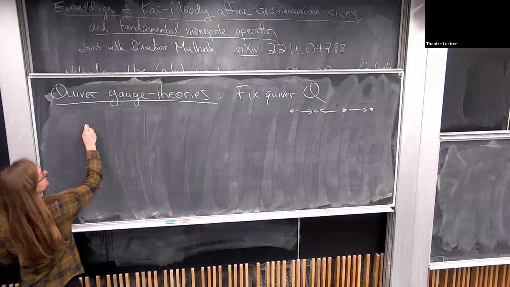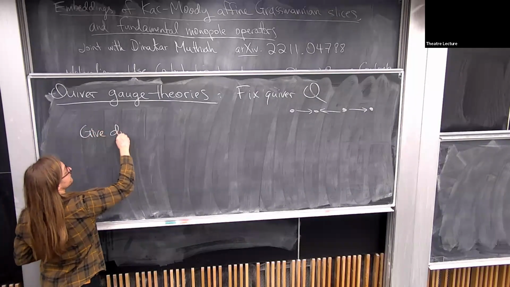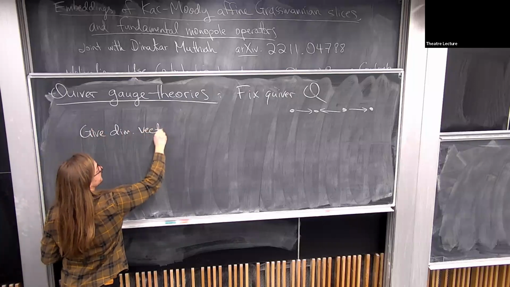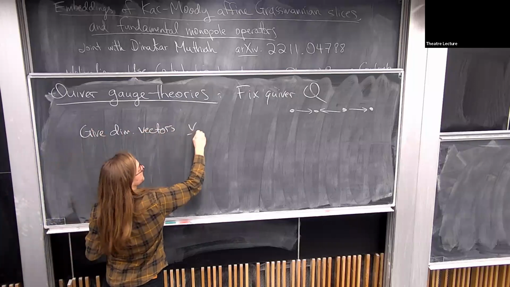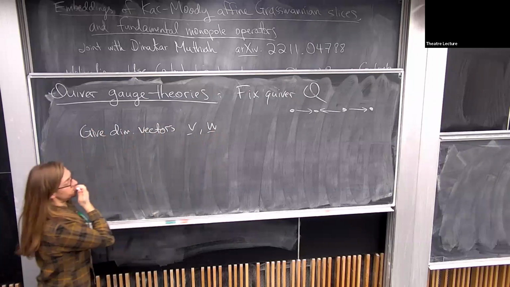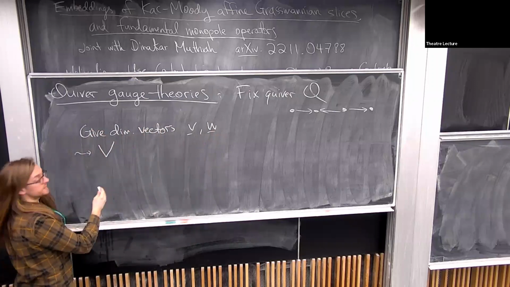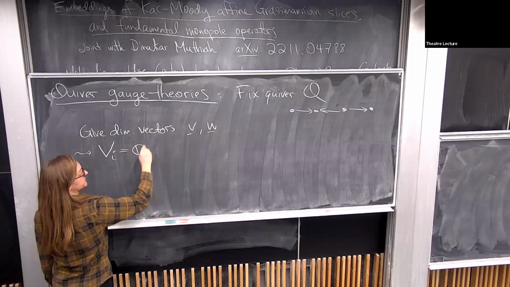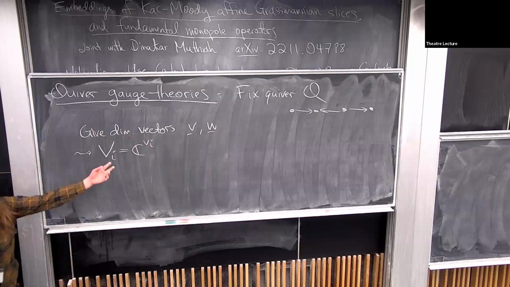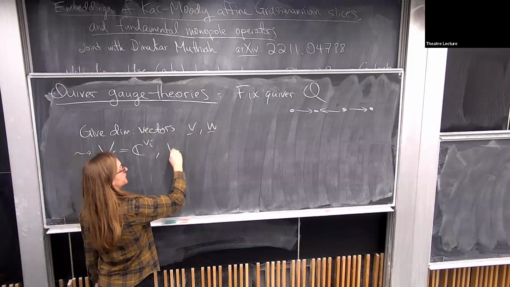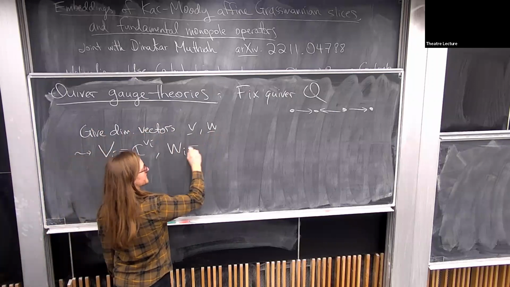So given dimension vectors V and W, first of all, associate some vector spaces. I take complex vector spaces with dimensions encoded by V and some other complex vector spaces with dimensions encoded by W.